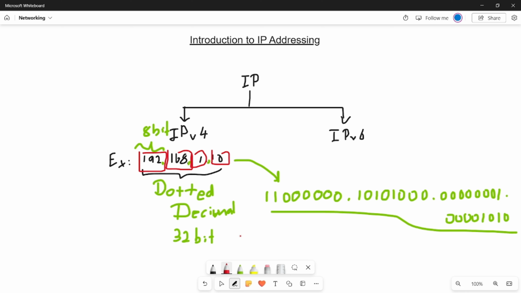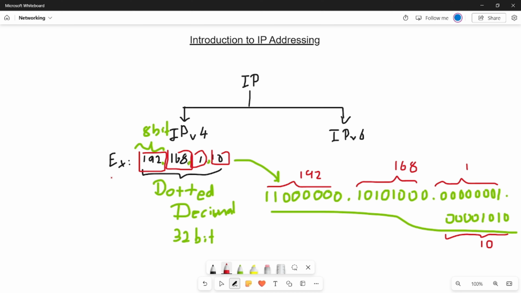We have to keep in mind that every number between two dots is represented in 8 bits. This stands for 168, this stands for 1, and this represents 10. This is how the IP address is actually represented in binary format, though we see it in decimal format on our computers.